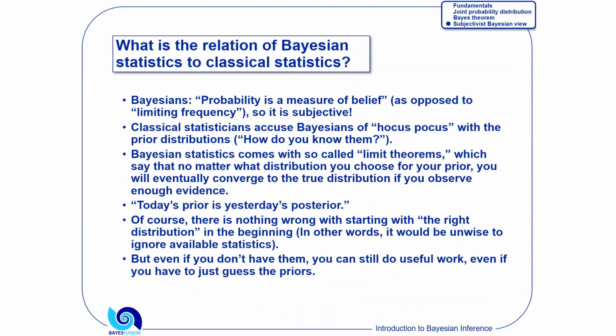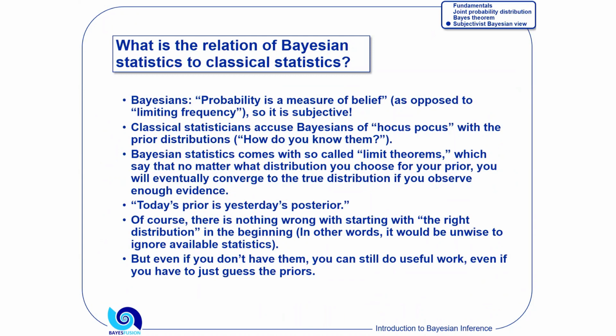You can have your prior, but there are so-called limit theorems telling you that as long as your prior is not weird, and your prior can be weird, like 0 is a weird prior, or an infinitesimally small number is also a weird prior. As long as it's a reasonable prior, by updating it based on your observations, you'll get to the posterior that is the same that a frequentist would have given the data.